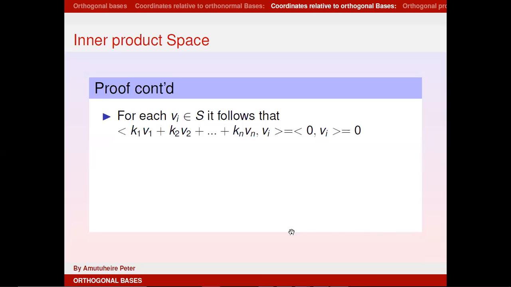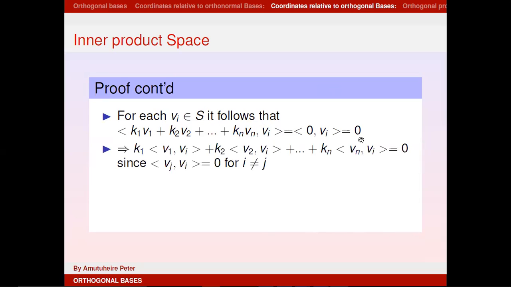And we can write, when we take the inner product of this linear combination with Vi, that should give us zero. And we know from properties of inner product spaces that the result becomes zero.